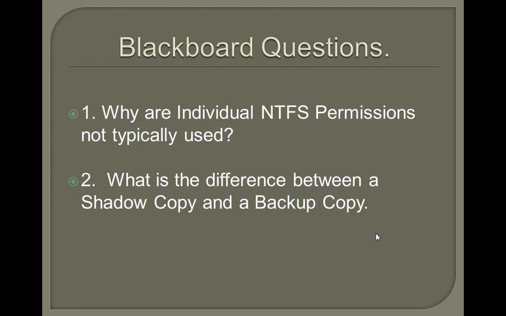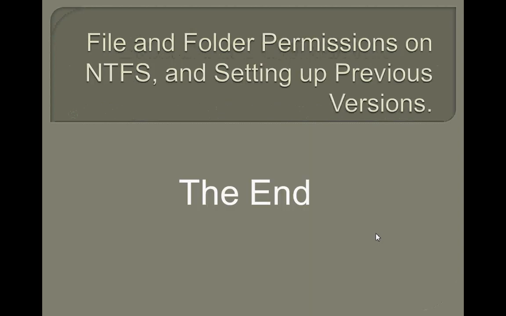Two, what is the difference between a shadow copy and a backup copy? A shadow copy is only on an NTFS formatted partition, and a backup copy can be just a complete backup of your system.